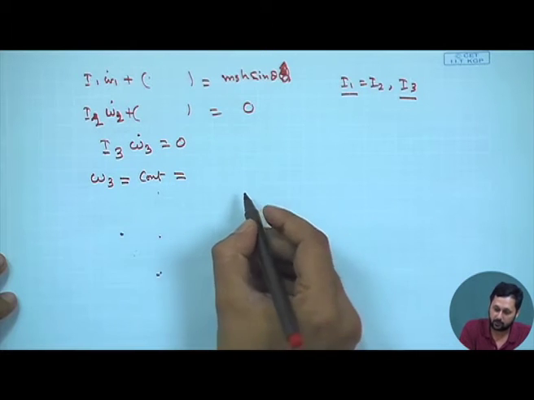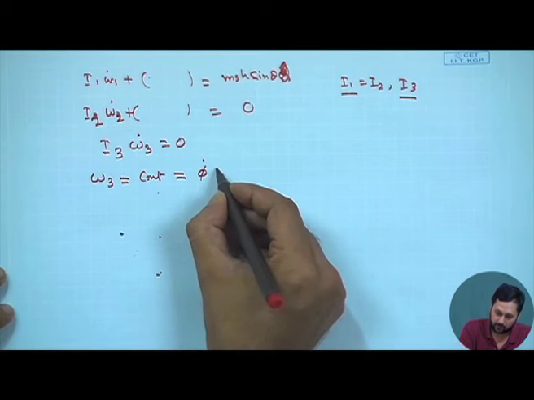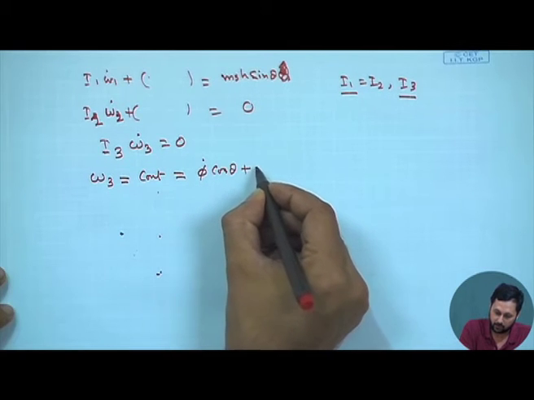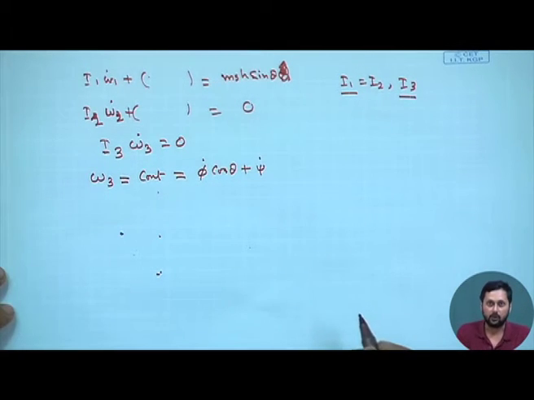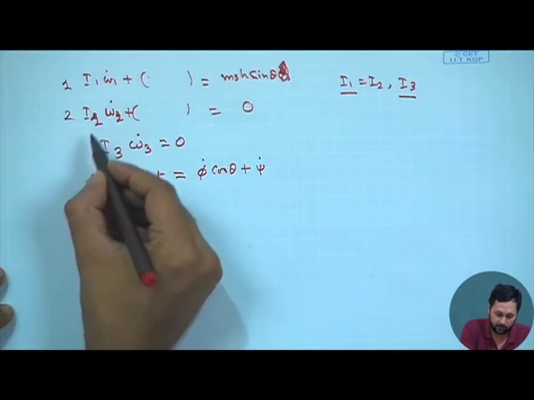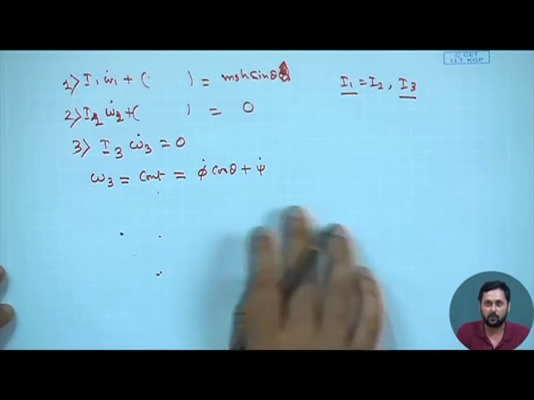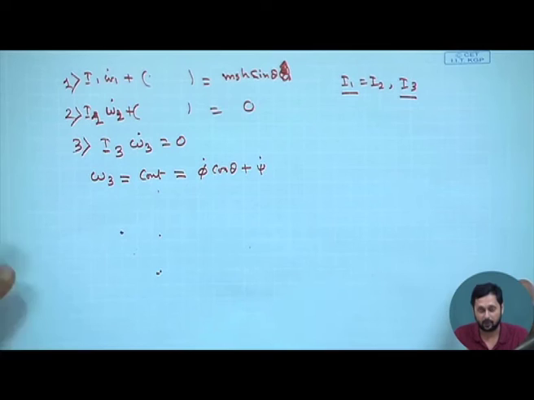And what was the expression of omega 3 we have taken? We have written omega 3 as phi dot cos theta plus psi dot. So, this is a constant we see immediately from the third equation. This is the first, this is the second, this is the third. I am not writing the first two explicitly because we are not using it.